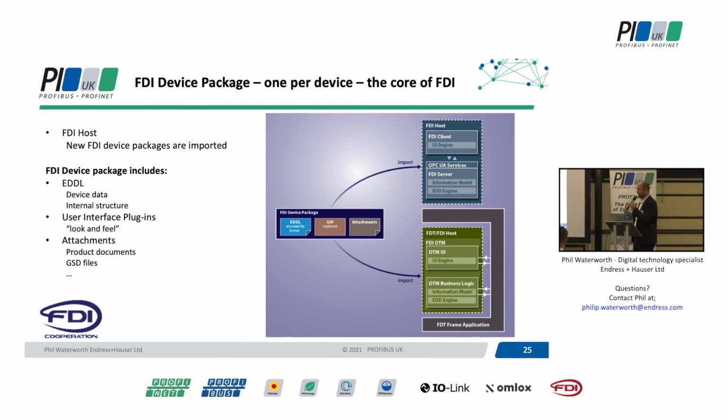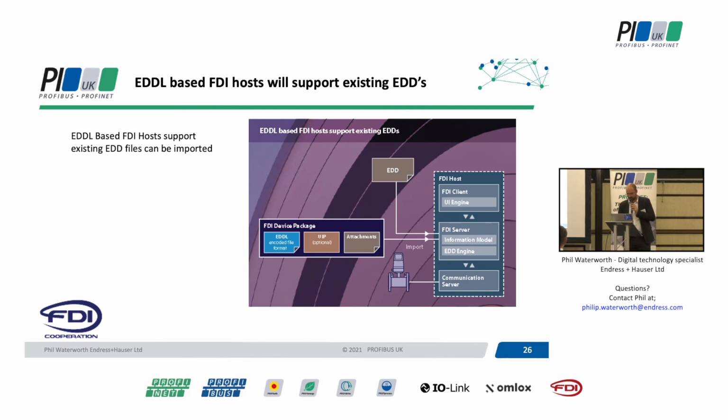You mentioned you got the FDI server and the client side of things. But also, we know it's backwards compatible, and so old EDDL files will also go into here. Okay, you probably don't have the same nice visibility as an FDI package would now provide, but it's backward compatible.